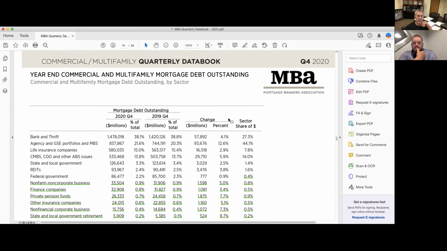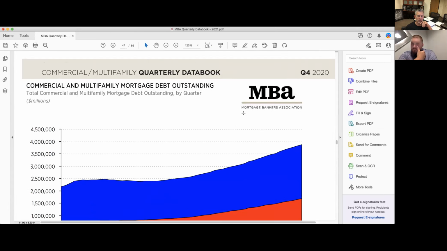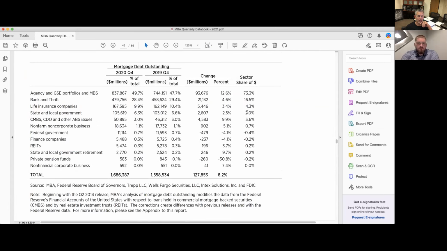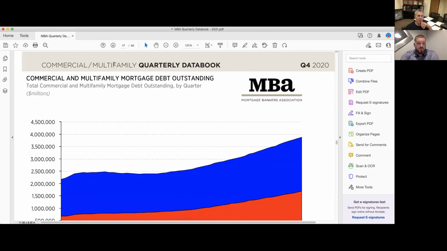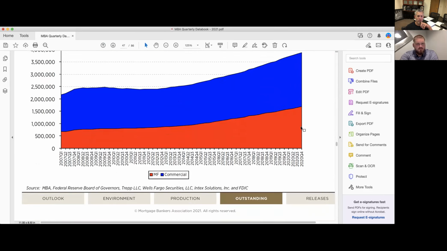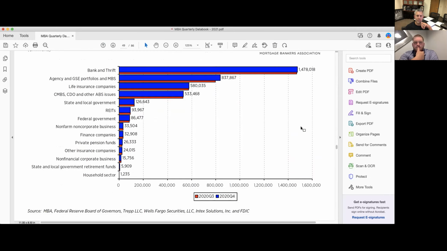Just to give you an idea, this tells you the debt outstanding. Look at the debt outstanding just for that quarter, 837 billion. These are big numbers. So again, it's an industry that is very massive, and it's all encompassing.